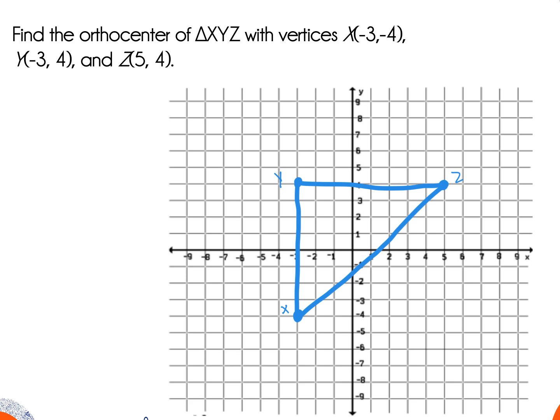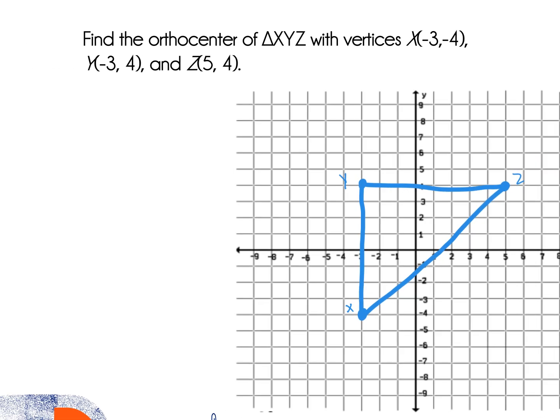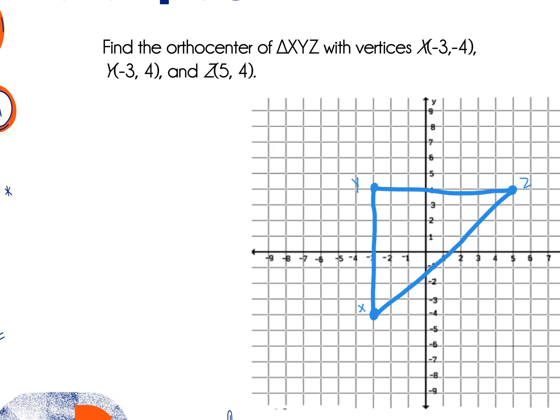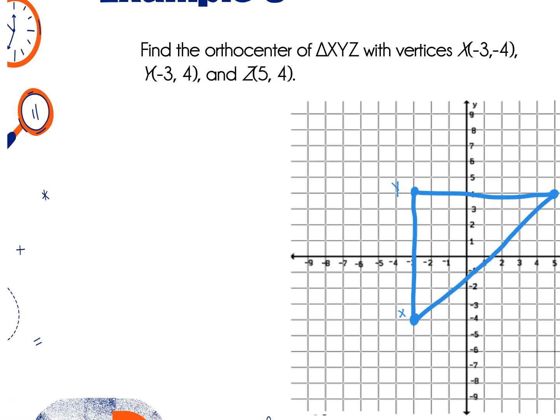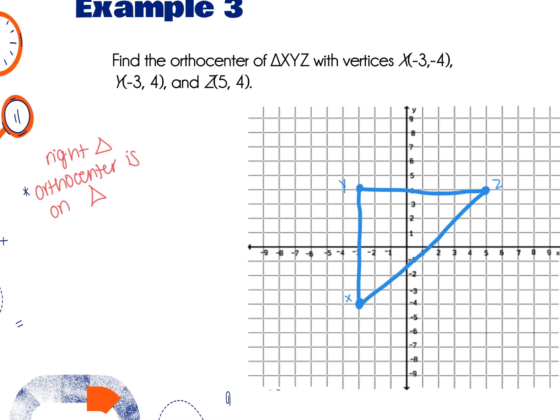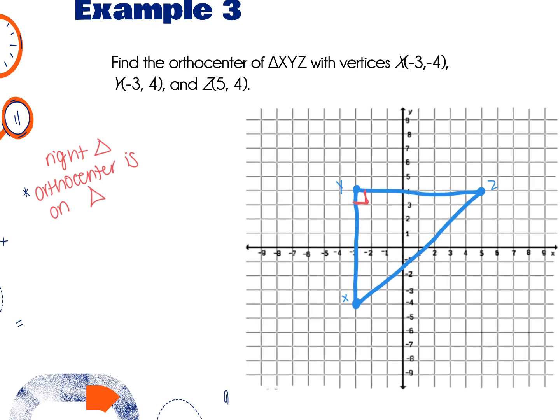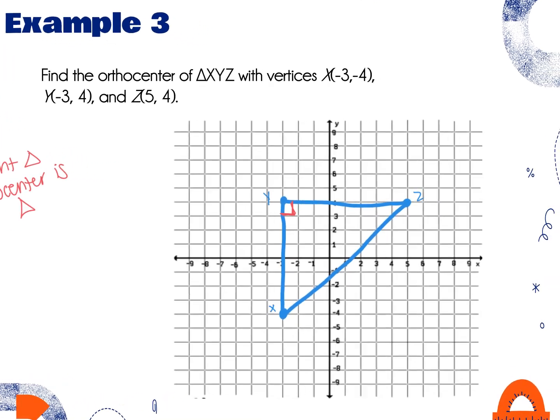All right, let's understand a couple things before I start. Is this a right triangle? Yes. So I know that for right triangles, the orthocenter is on the triangle. Looking at this triangle, yes, it is a right triangle. So what is that telling me about YZ and YX?